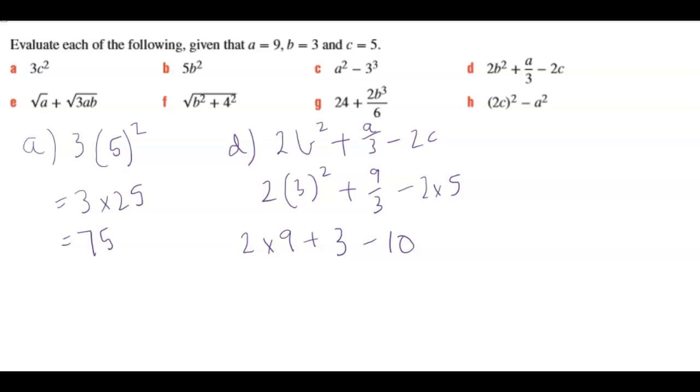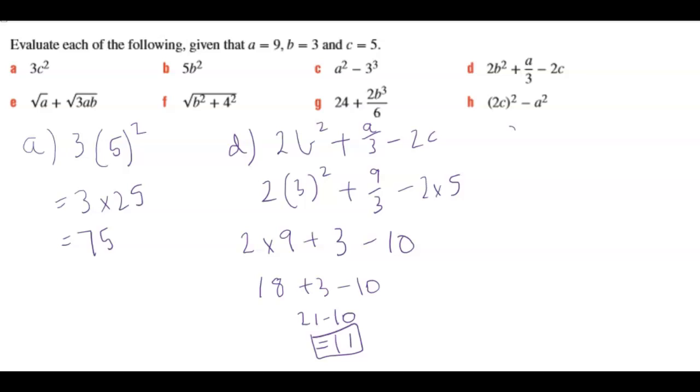So 2 times 9 is 18. And then you've got plus 3 minus 10. So 18 plus 3 is 21. Again, you probably think, oh, I could skip that step. But sometimes it's a good idea always to have your working out so we know if you get something wrong, where you went wrong.